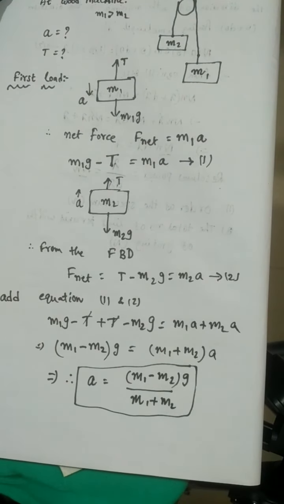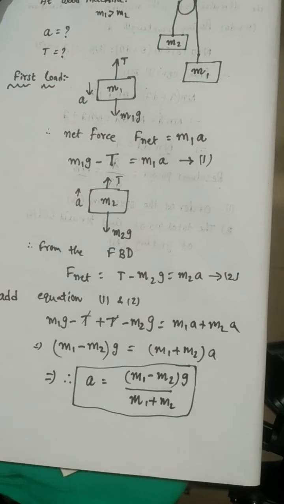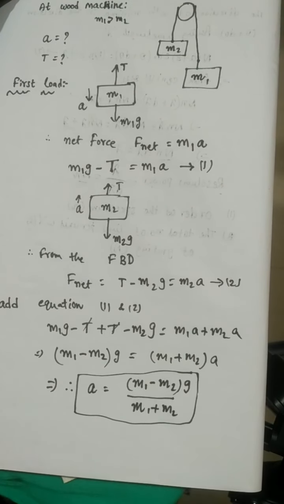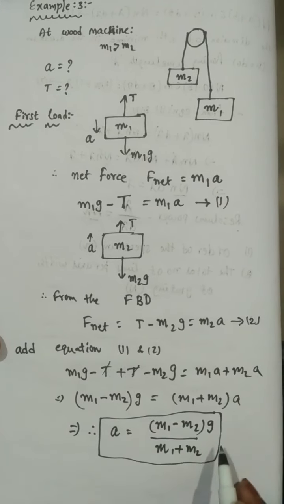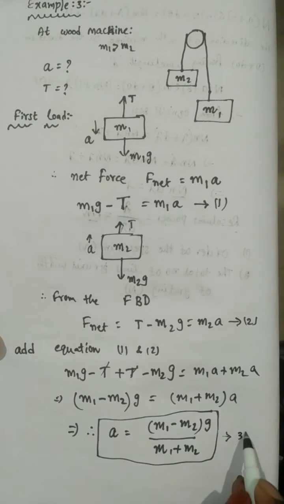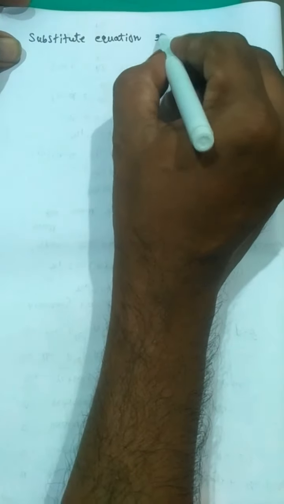This acceleration of the body has to be substituted in either equation 1 or 2. We can call this equation number 3. Substitute equation 3 in equation 1.